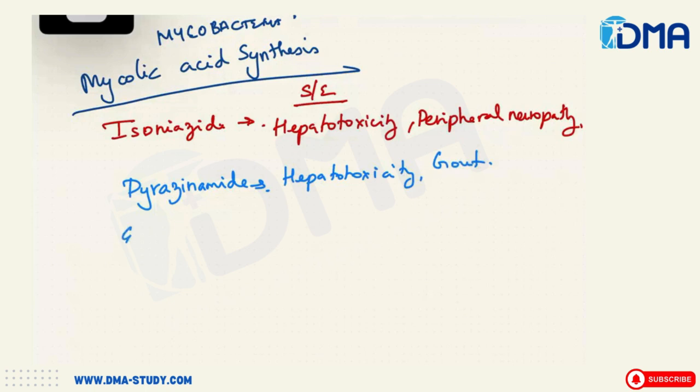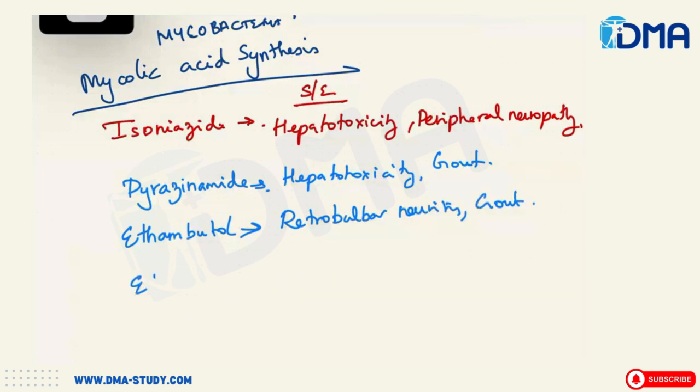Then ethambutol, side effects include retrobulbar neuritis and gout. Then ethionamide. The problem with this drug is it causes hypothyroidism and hepatotoxicity.